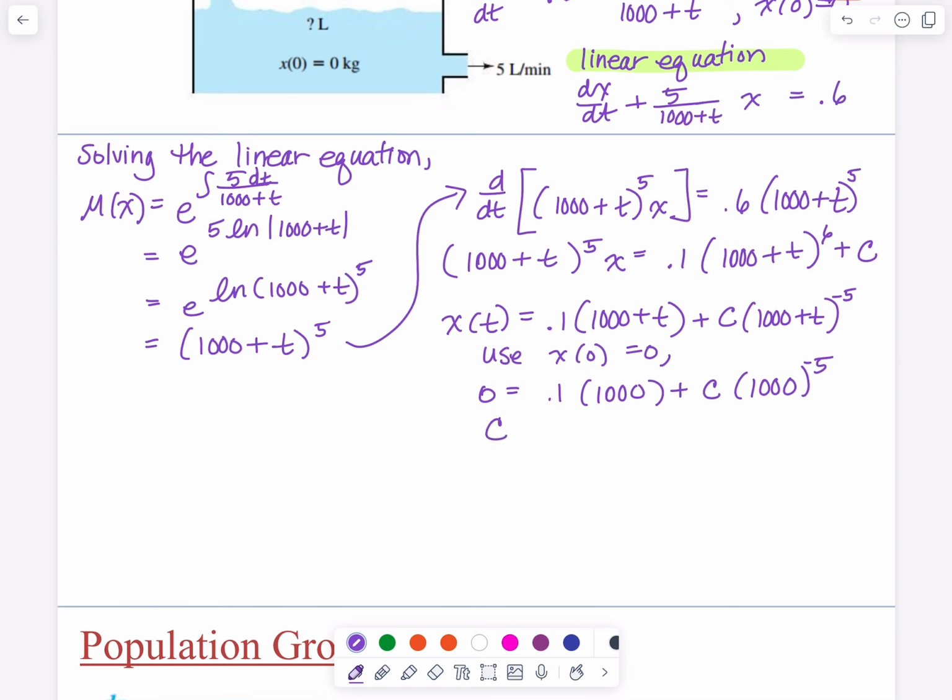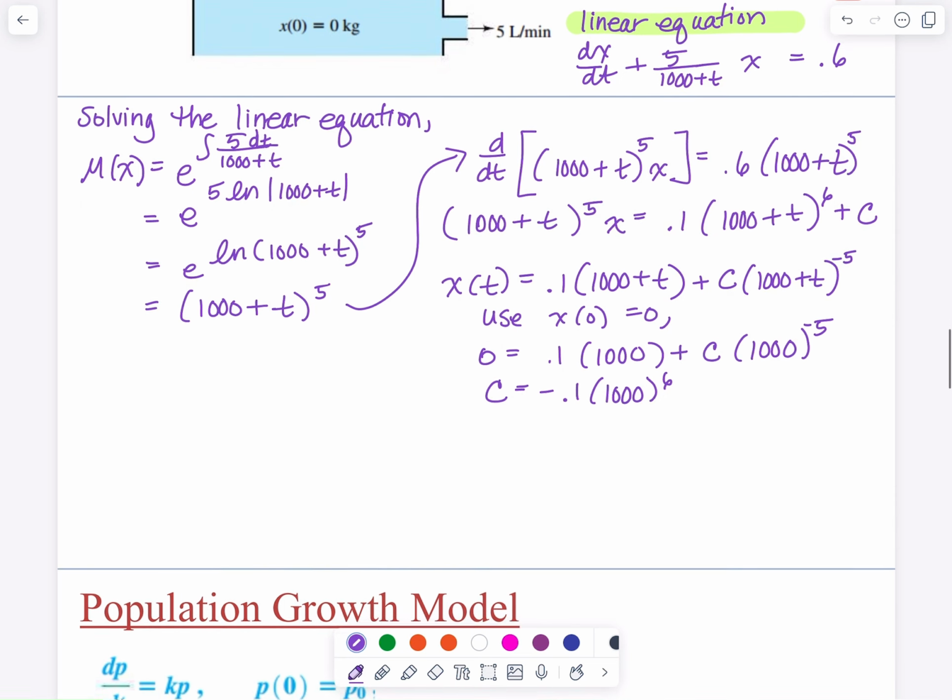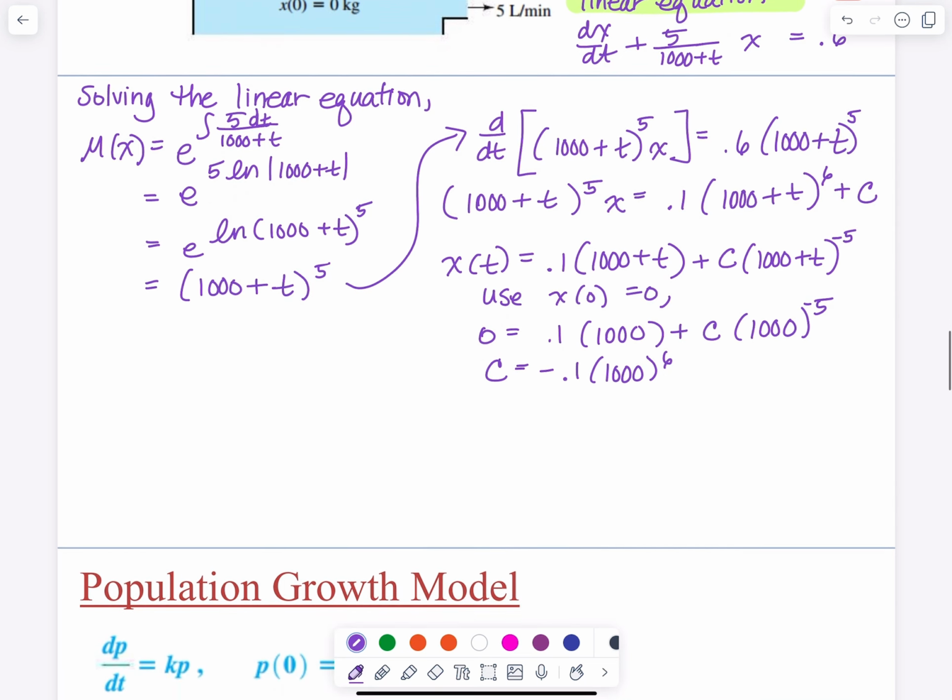If you work that out, you will end up with c equals the opposite of 0.1 times 1,000 to the 6th power. Therefore, x(t) is equal to 0.1, and we're just plugging our value of c back in here.